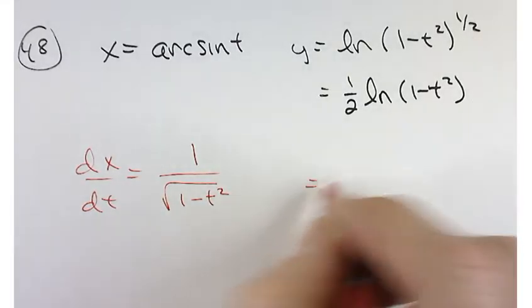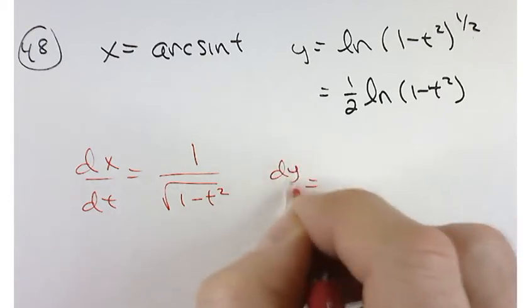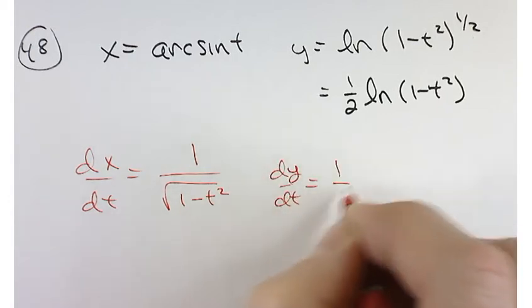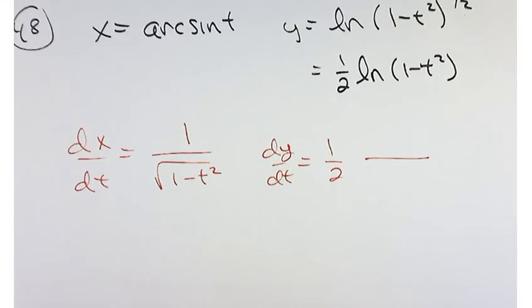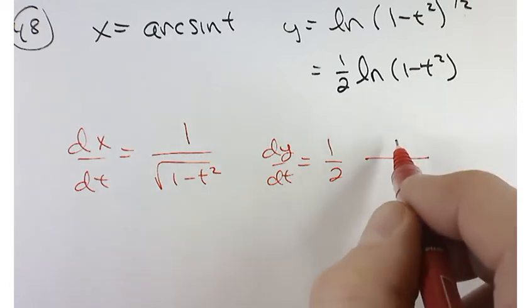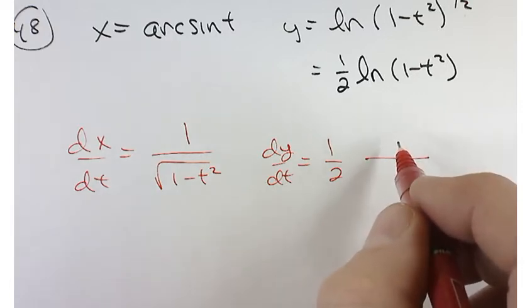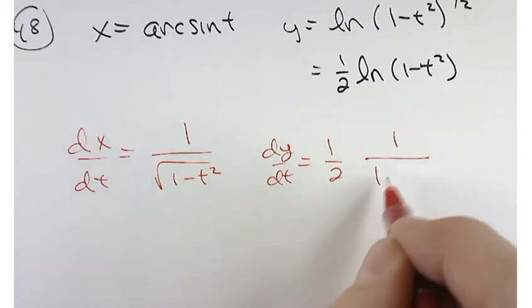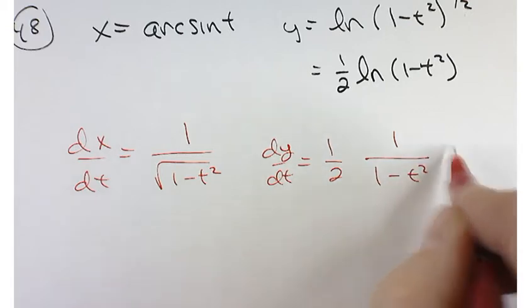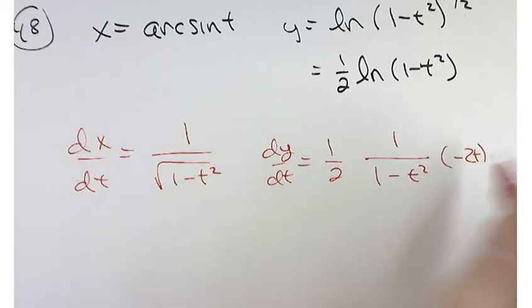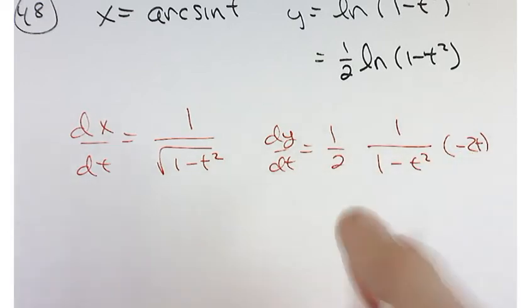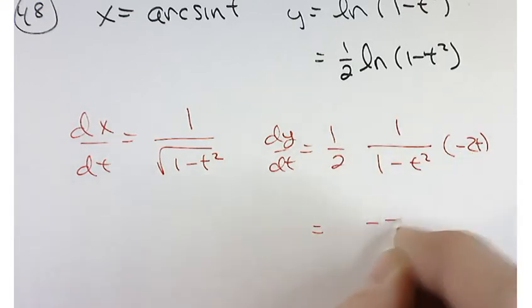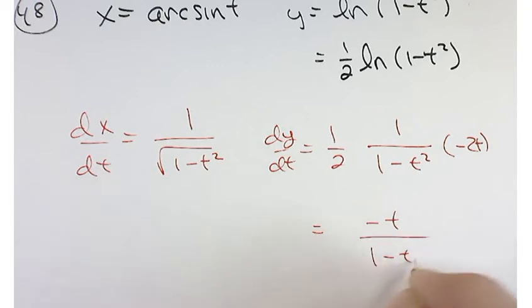So we can ignore the 1/2 because that's a constant. So it's going to be 1/2 times what? Very close. 1 over 1 minus t squared times negative 2t. Good. And the 1/2 and the 2 are going to cancel each other out. So it leaves me with minus t over 1 minus t squared.